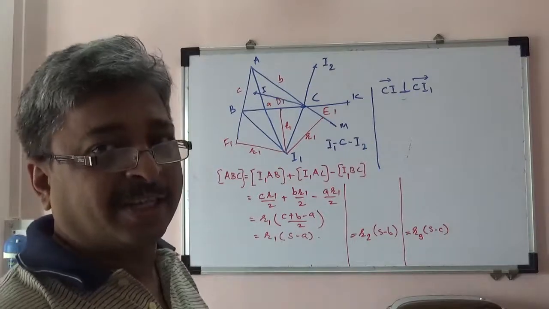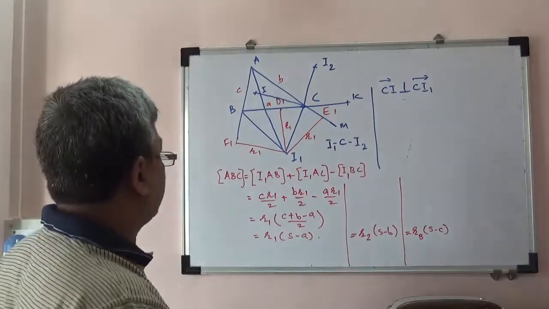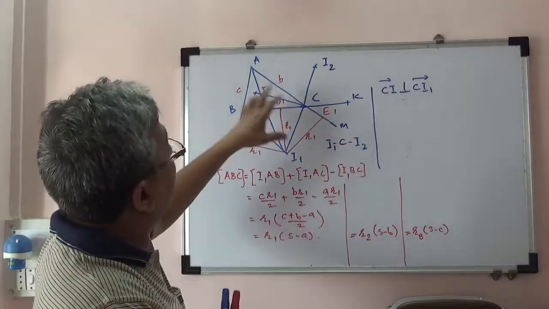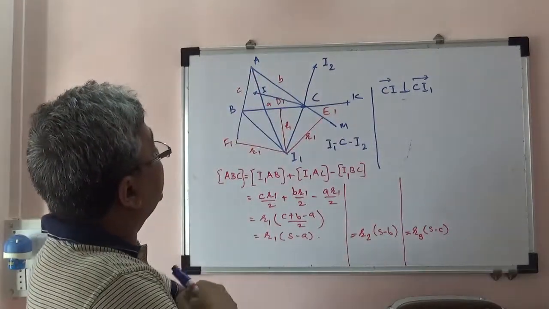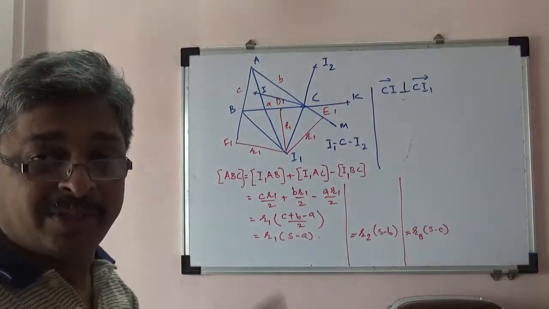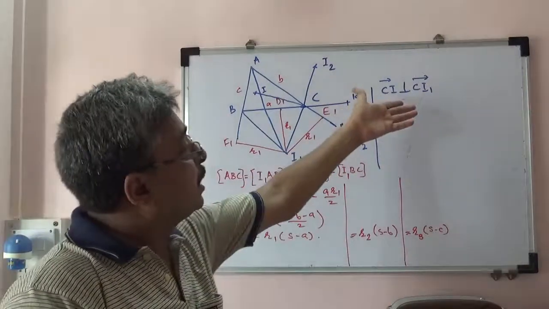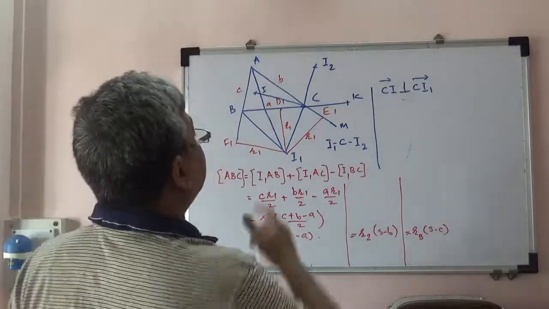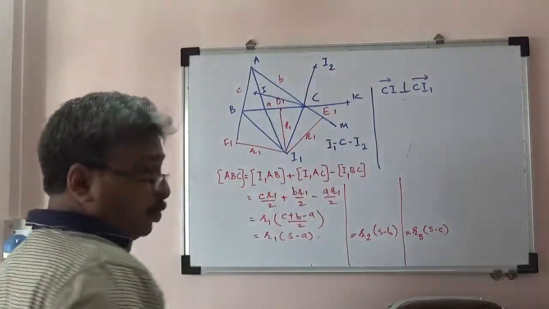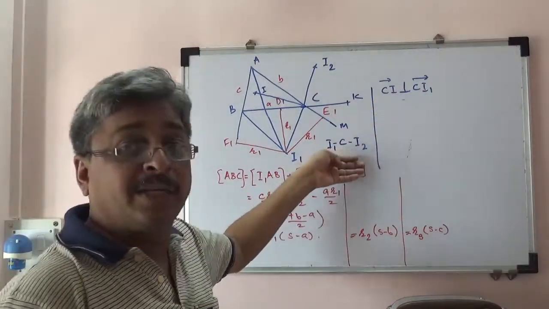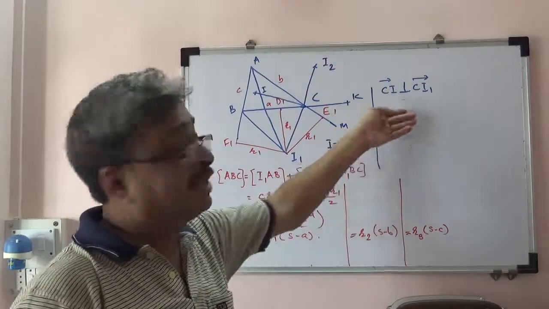This is already done in earlier lectures, in some other context; check whether you can do it independently. CI is the internal angle bisector of angle C. CI1 is the external angle bisector of angle C, which is BCM. They are supposed to be perpendicular. Similarly, CI and CI2 we can also show perpendicular. So if you do this thing, you will get that thing easily, or you do that thing first and you get this thing.